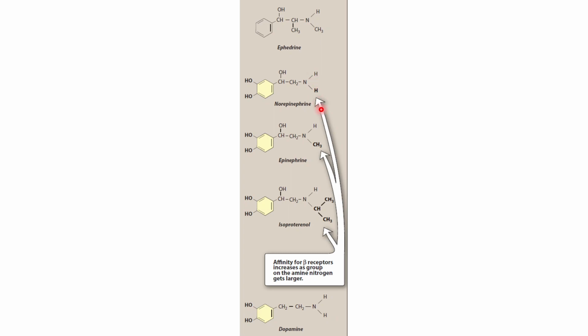Looking at the structure, we have an amine group on the right, then an ethyl carbon skeleton, and the benzene group with two hydroxyls. This yellow aromatic six-carbon cycle is called a catechol, and that is why the group is catecholamines.